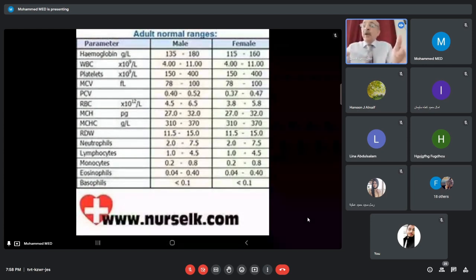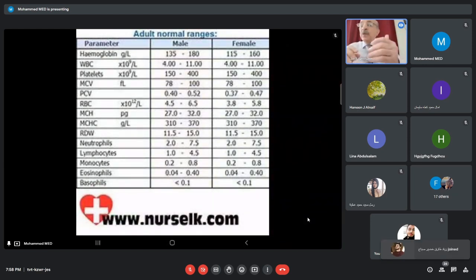And there are causes for hypoplastic anemia, but this is a generalized picture. If I find that the white blood cell is very high, then this could be leukemia.